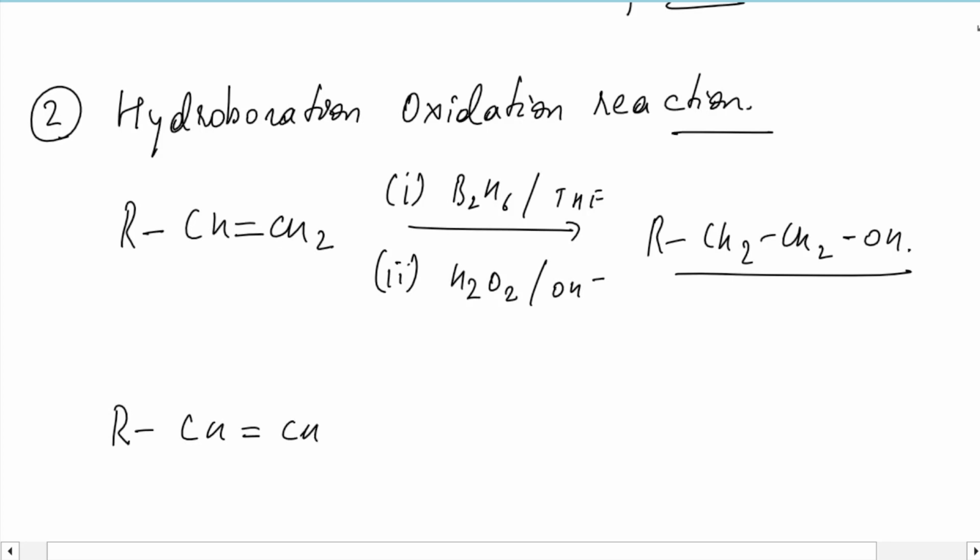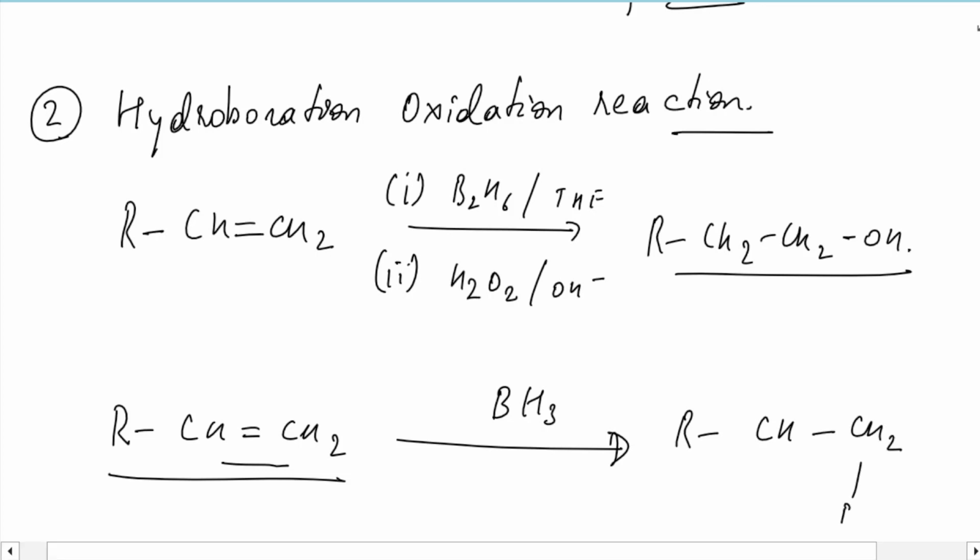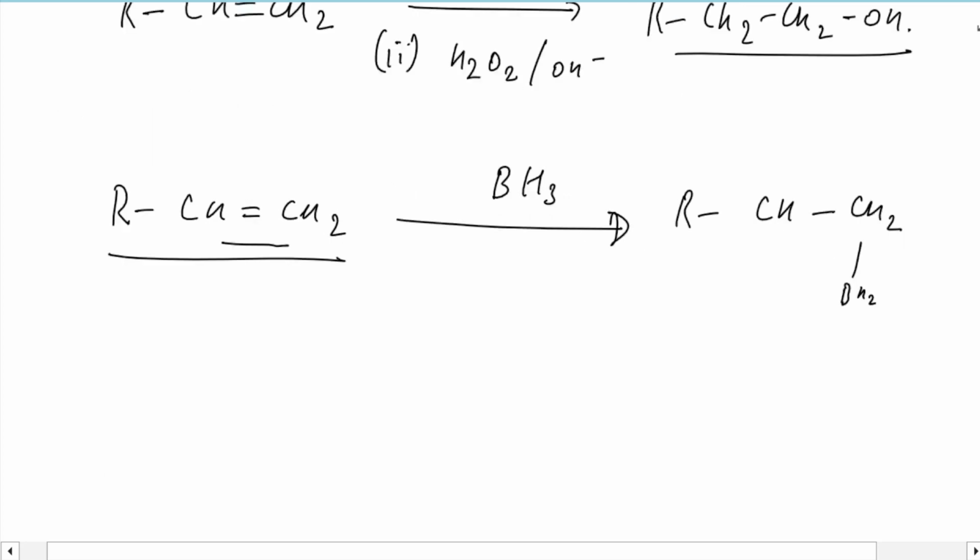RCH double bond CH2: this double bond is electron rich, having a pi electron cloud. Then BH3, that's electron deficient in nature, will attack this pi electron cloud, and this will form RCH CH2 BH2.